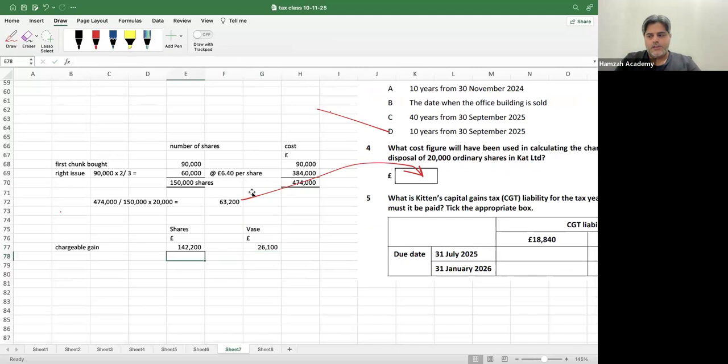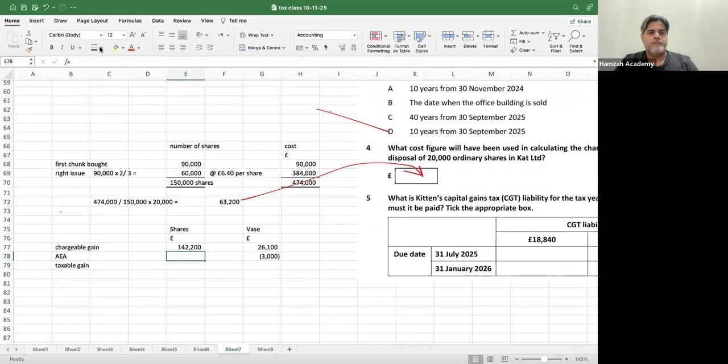Right? Now, as far as the AEA is concerned, that's going to be 3,000 over here. So my taxable gains are going to be 142,200 and 23,100.